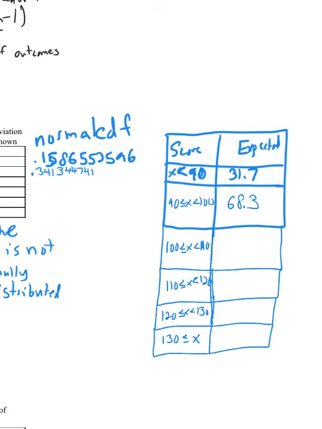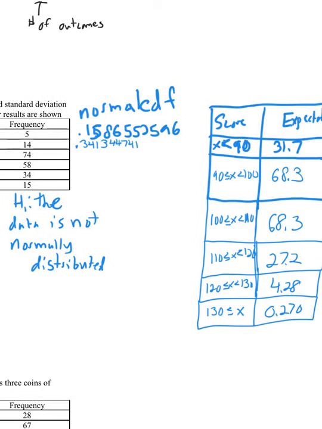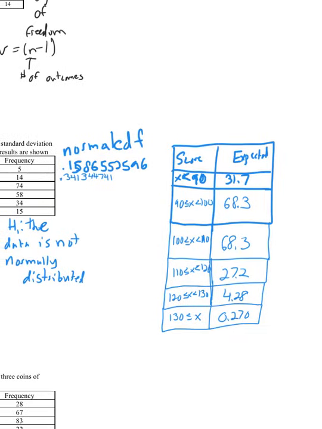So I'm going to fill all of them out and just keep doing that. So why don't you guys practice and fill out those few problems with your normal CDF. Make sure you're multiplying all of your probabilities by 200 to get your expected value. 120 to 130 came out to 4.28. And then the last one, greater than, is 0.270. Okay, so that's our possible expected values.